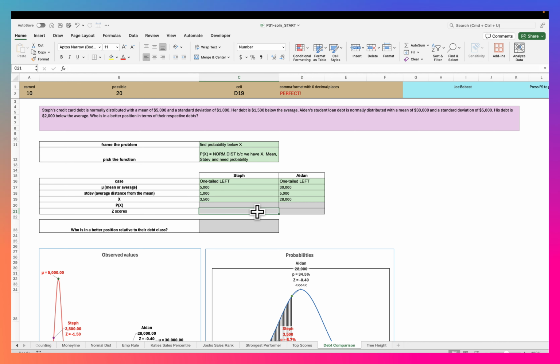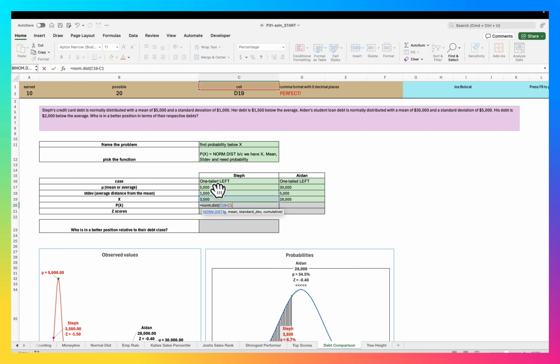All right. So let's look at the probability. That equals norm dot dist, x, the mean, standard deviation, true.